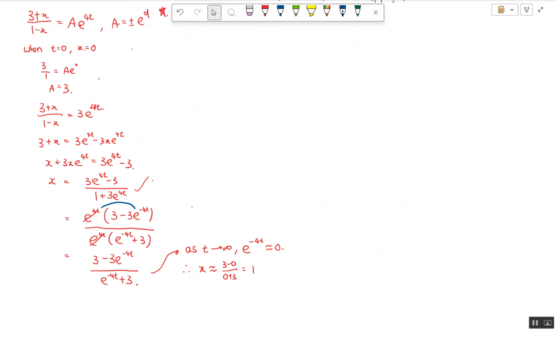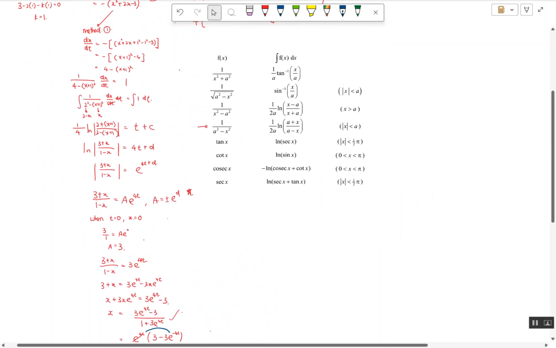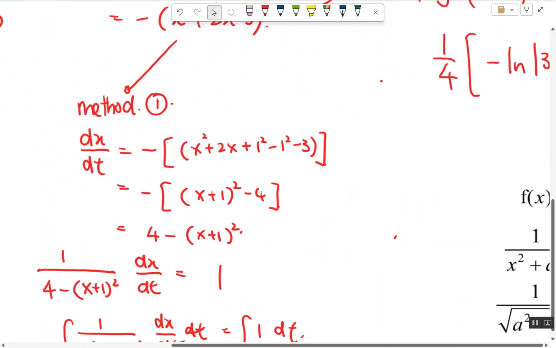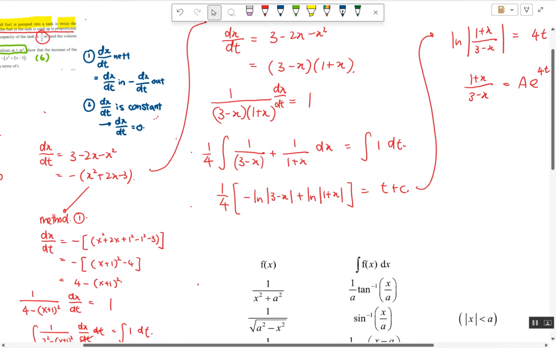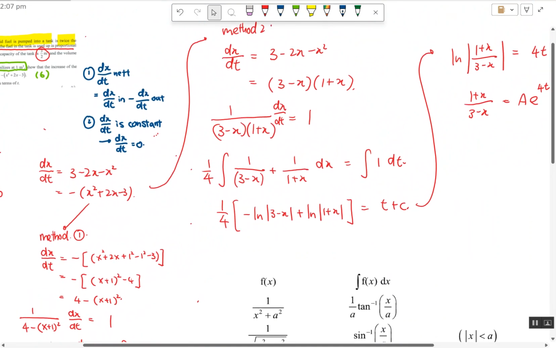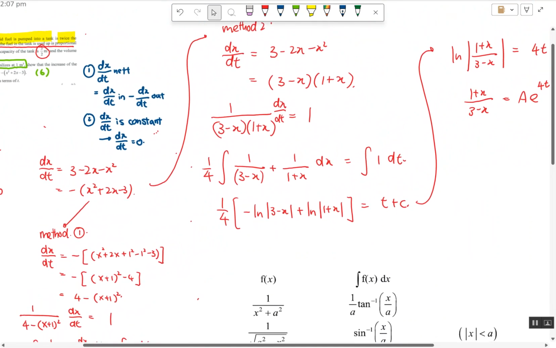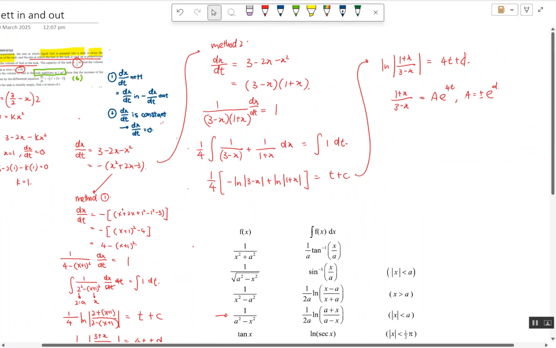So the few learning points: when you see a quadratic over here, there are two methods. Either you complete the square and apply your MF, or you check whether you can factorize. If you can factorize, then do partial fractions and use the cover-up rule to find the constants, it will actually be faster for you.